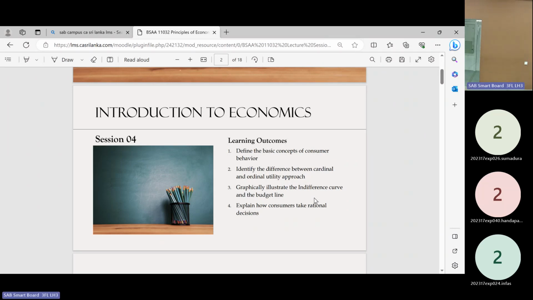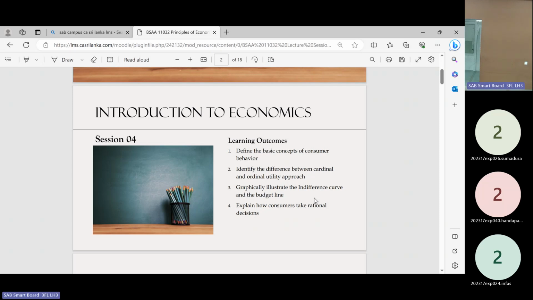Satisfaction is also termed in terms of utility, preference. She preferred string hoppers over bread and rice. She was satisfied with string hoppers more than the bread and rice. So these are some of the concepts that we will discuss.